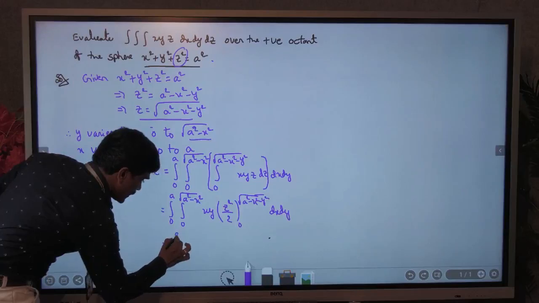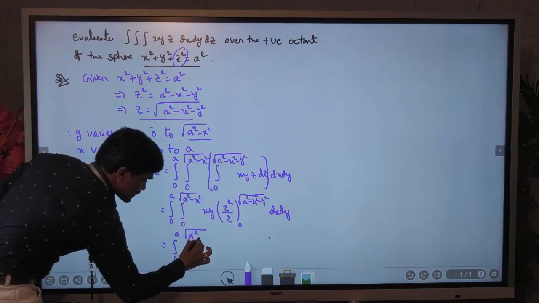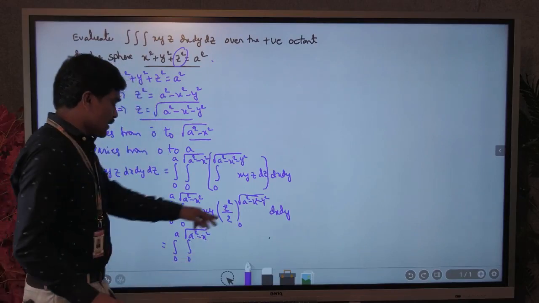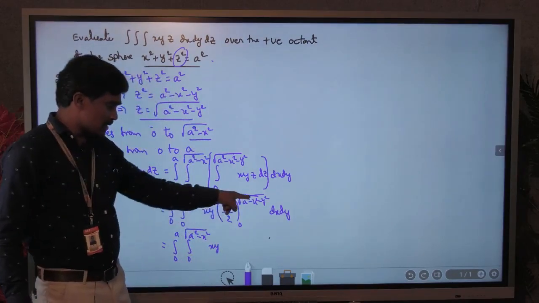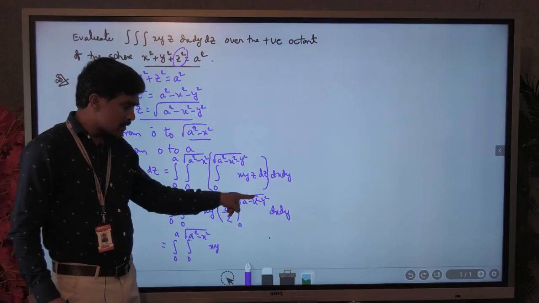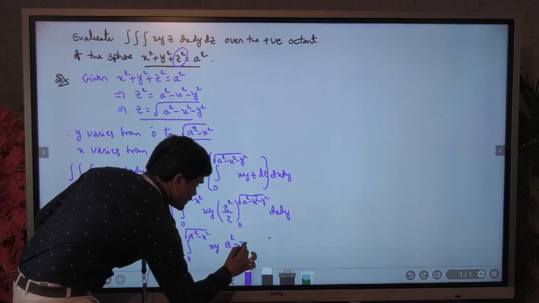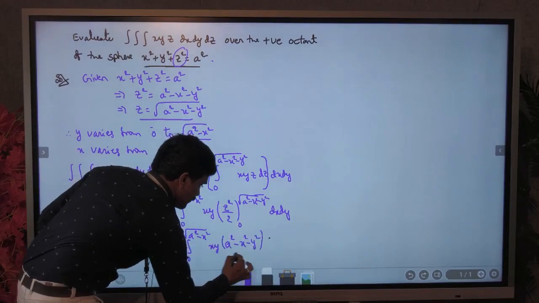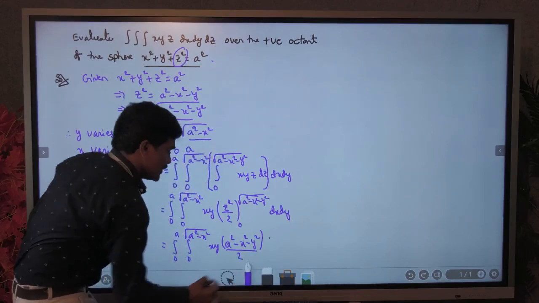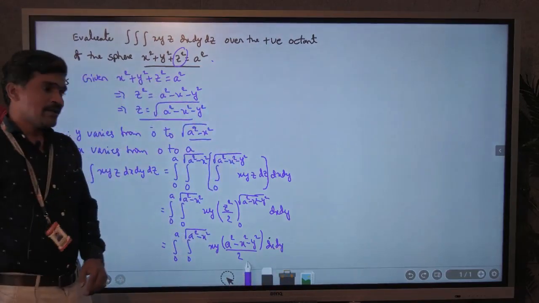Integral 0 to a, integral 0 to square root of a square minus x square, xy. Now substitute in place of z, z square, square root cancels. So here we get (a square minus x square minus y square)/2 dx dy, right?